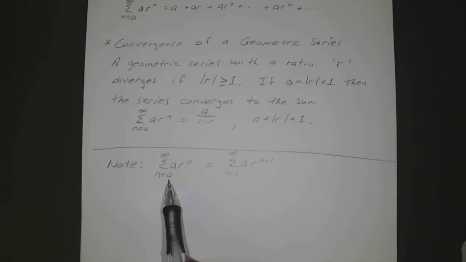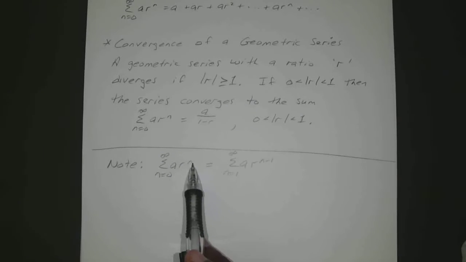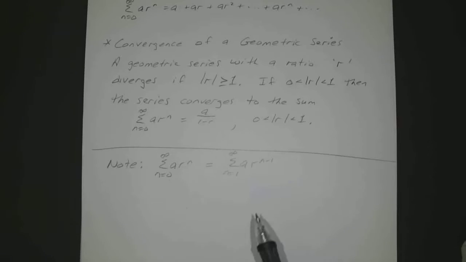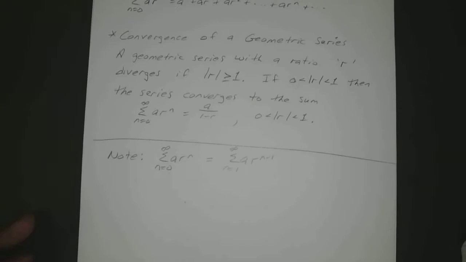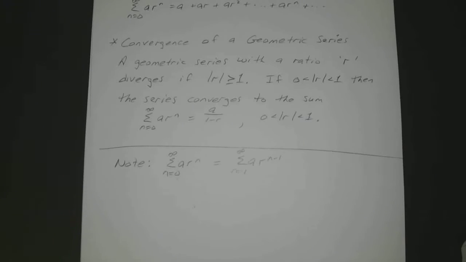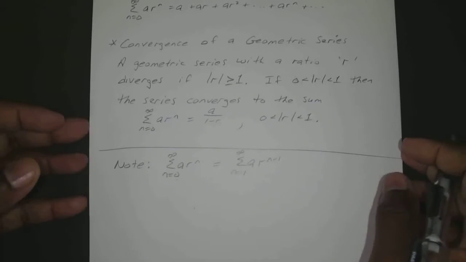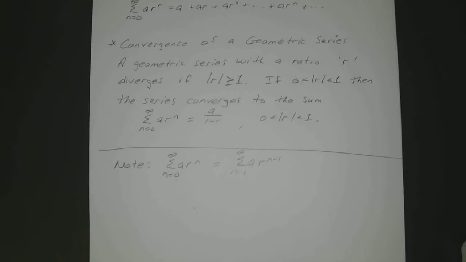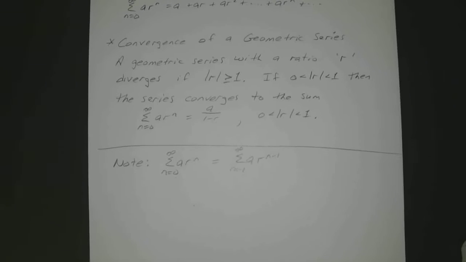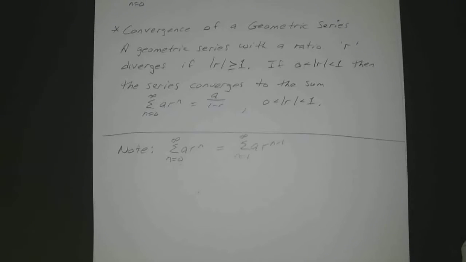Because you plug in 0, you get a times r to the 0 power. Here, if you plug in 1, you get a times r to the 0 power. So it just starts at a different place, but you end up with the same sum. And I'll do the example on the next page so I don't run out of room.